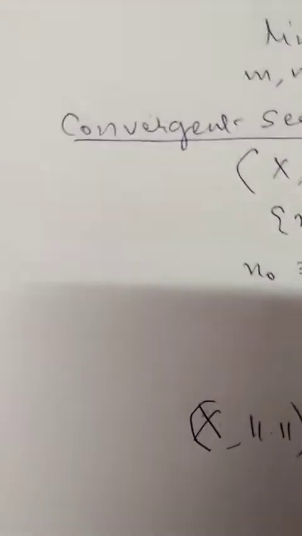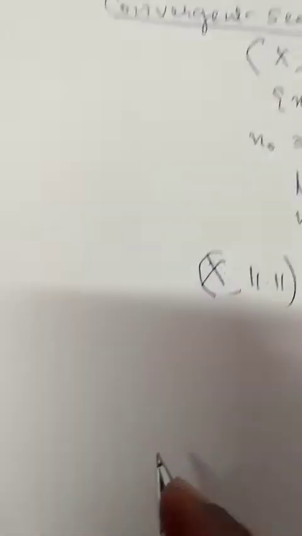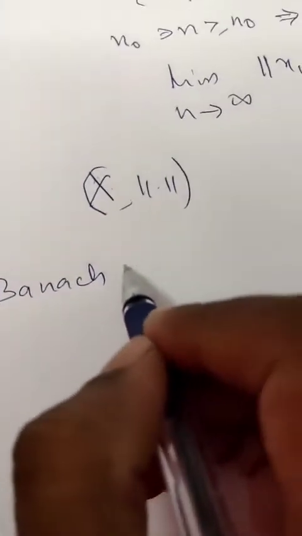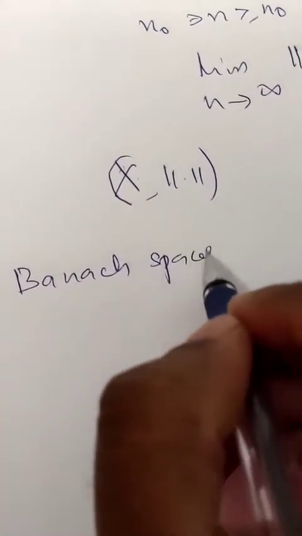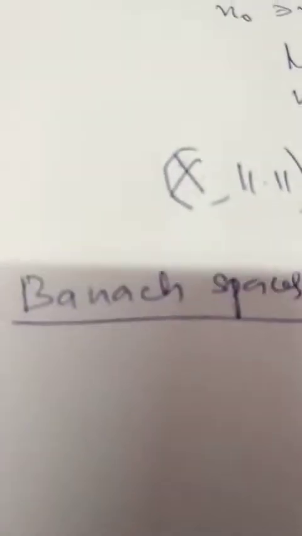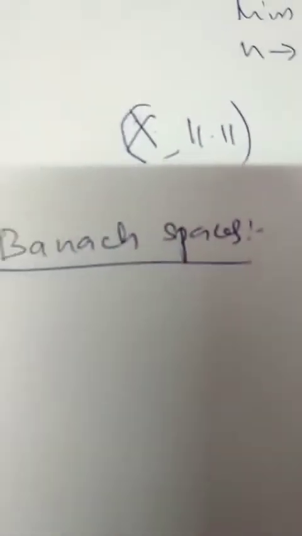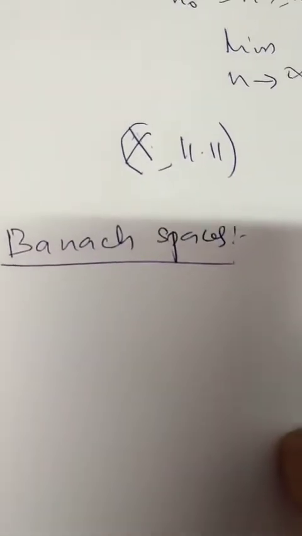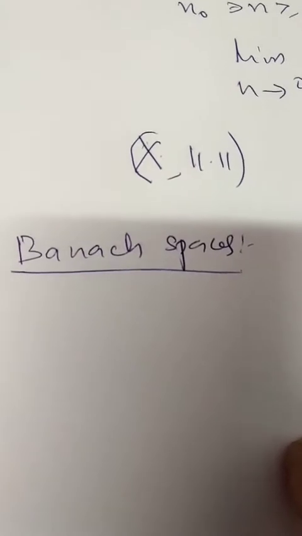Now let's come to the important definition of this chapter, the Banach spaces. A normed linear space which is complete as a metric space is known as a Banach space.